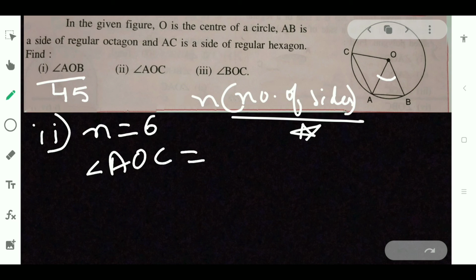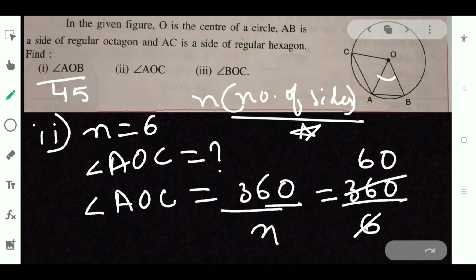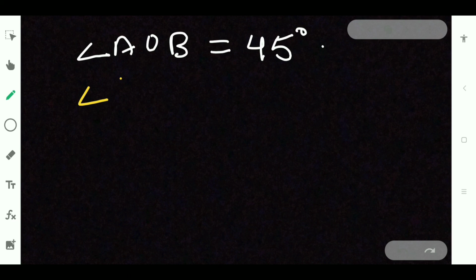Angle AOC is equal to 360 divided by n, which is equal to 360 divided by 6, 60. So angle AOC is equal to 60 degrees.